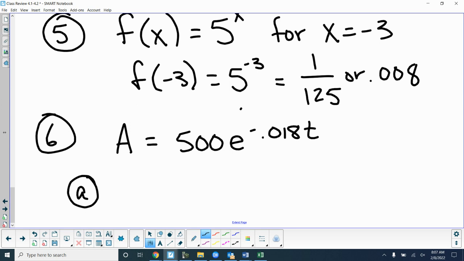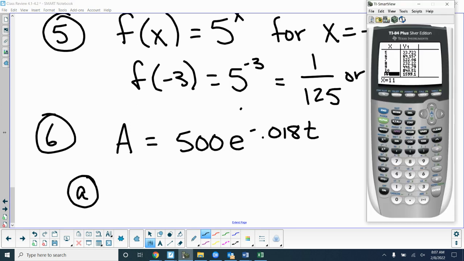So you're starting out with 500 milligrams, all right? And then anything to the, if I make that a 0, right? When we start, that times 0 is 0, e to the 0 is 1, so 500 times 1 is 500. So we're going to go to our graphing calculator and our y equals and put that in. So you go 500. How do I get the e to pop up?